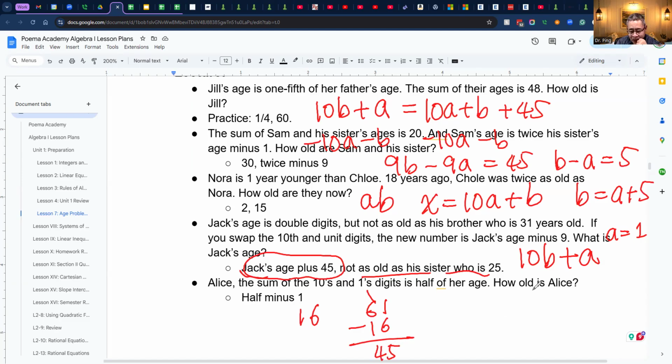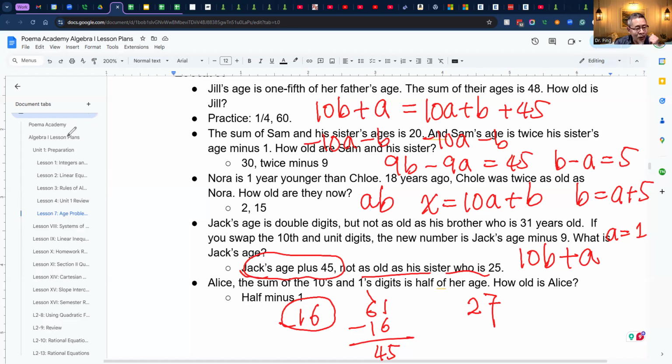And we know that it has to be 1, at least. A cannot be 2, because if it's 2, that's 27, which is older than her sister, who is 25. So that's why we know we only have one solution. The answer is 16.